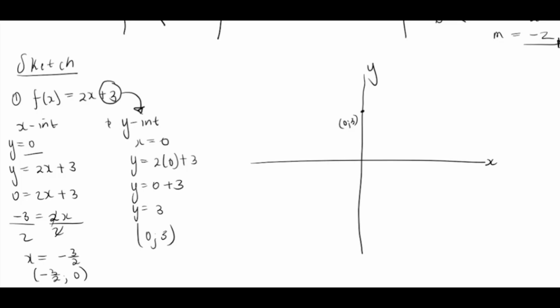So that would sit somewhere here. Negative 3 over 2; 0. Now let's join our points. And don't forget to name the graph. And that is how you sketch the graph of a straight line.